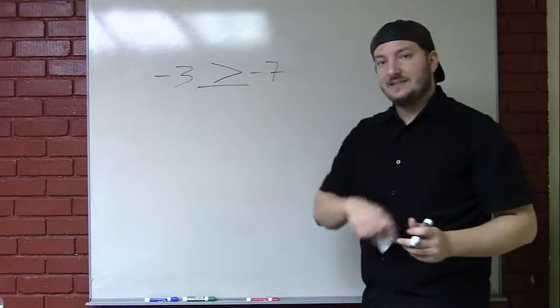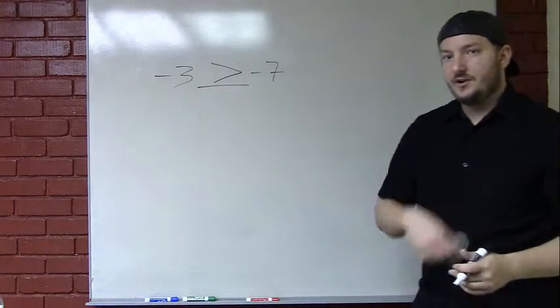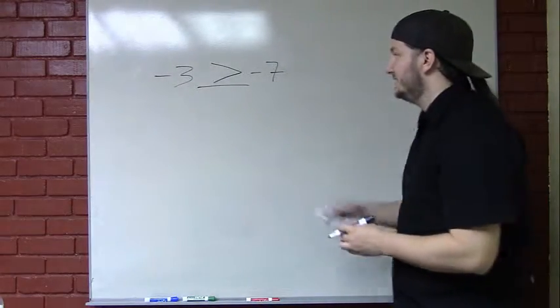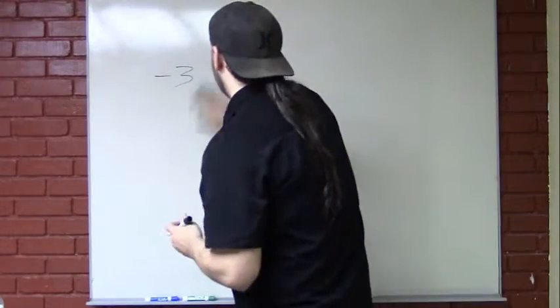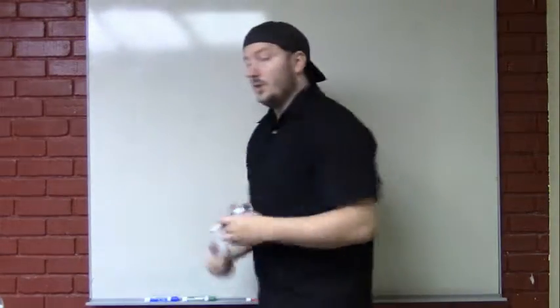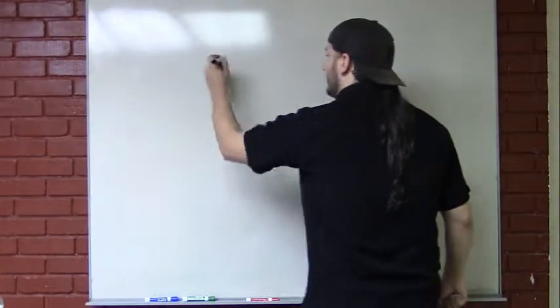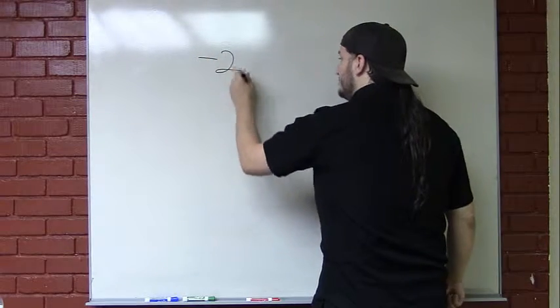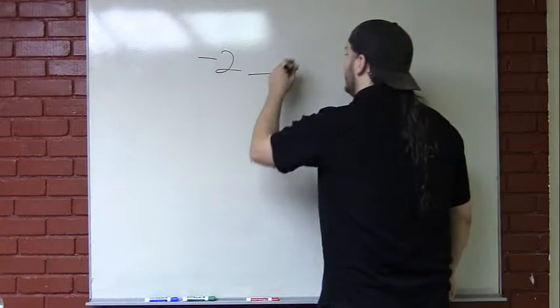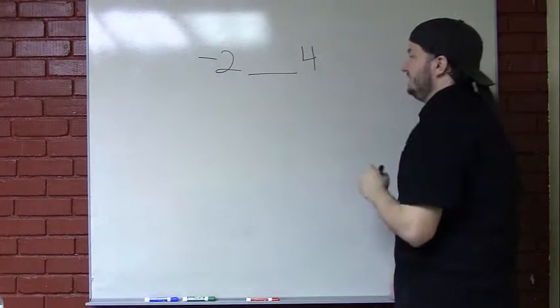If not, rewind this just a minute or two and rewatch this, because negative numbers, unfortunately, don't go anywhere. They're going to be here for a while. So the next example, we got negative 2 blank positive 4.